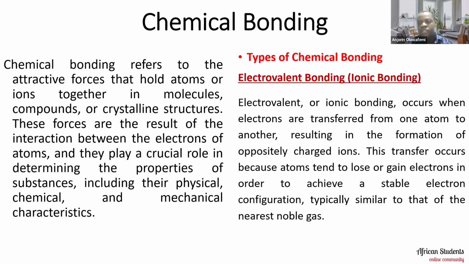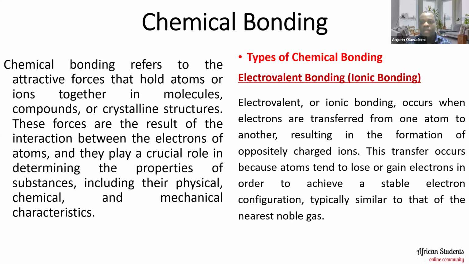We've actually talked about this in the previous class. Most times atoms are willing to give off electrons to attain the noble gas configuration, and they are also willing to take on electrons to have a stable noble gas configuration.